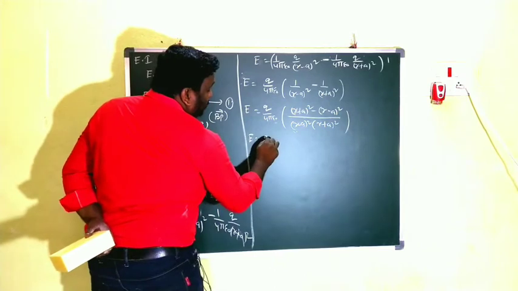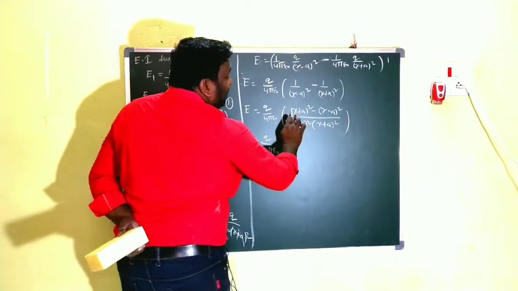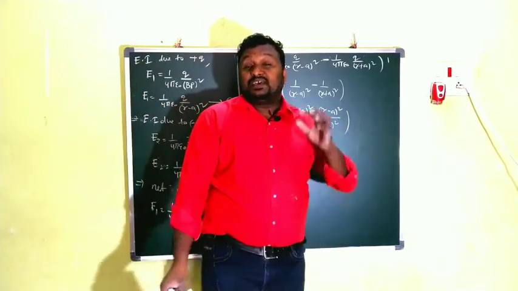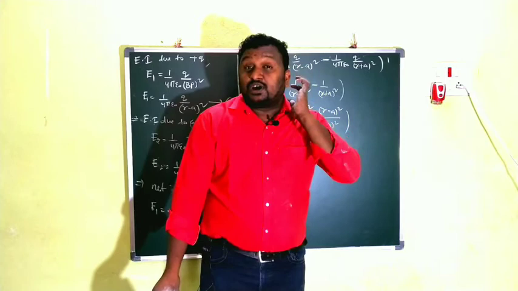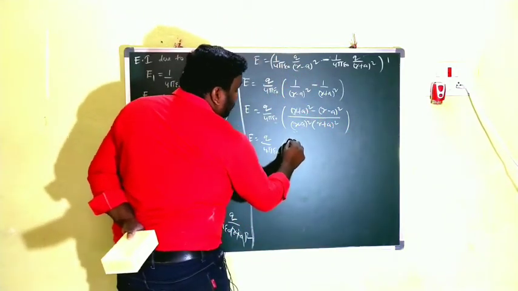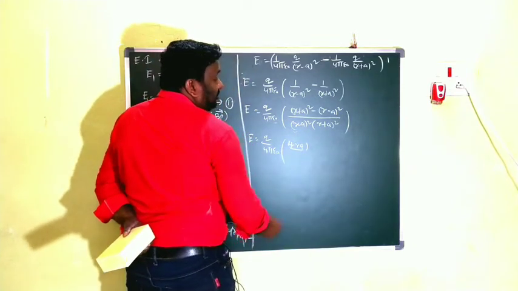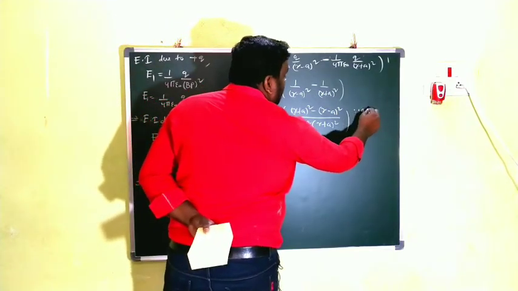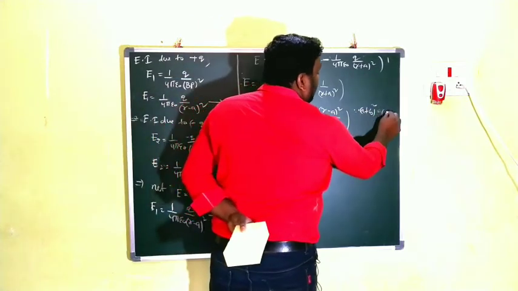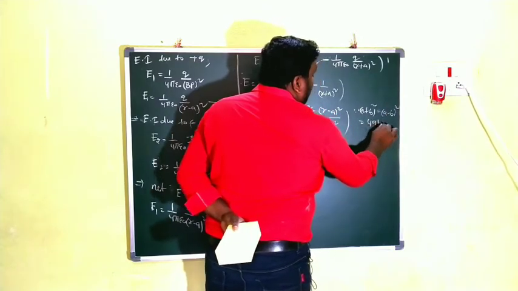E is equal to q by 4 pi epsilon naught into, this is in the form of (a plus b) whole square minus (a minus b) whole square. (a plus b) whole square minus (a minus b) whole square is what? 4ab. Here I am writing 4 into r into a, since (a plus b) whole square minus (a minus b) whole square is equal to 4ab.